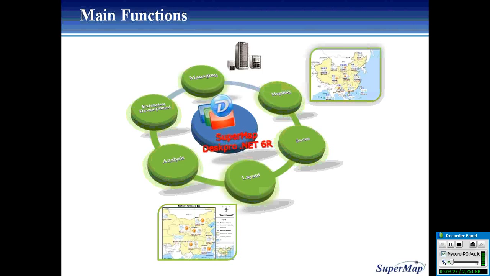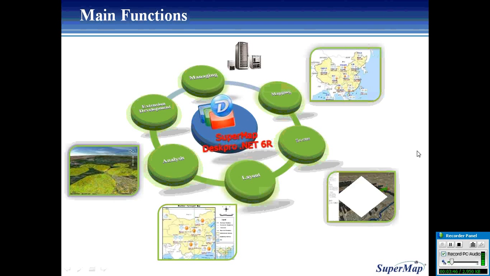And then you can make a layout which includes some elements such as the map, the title, the north arrow, the scale, the legend, and so on. So other people can get the information what is displayed in the layout.